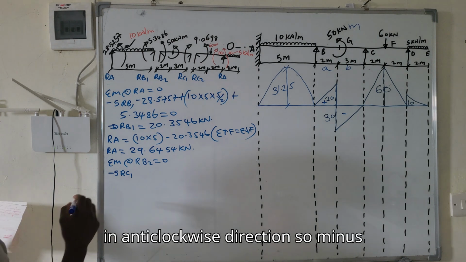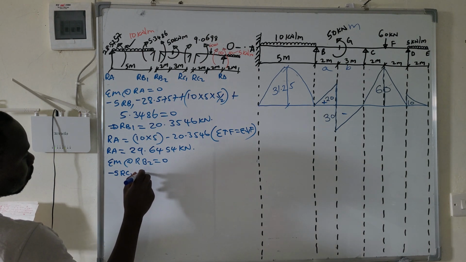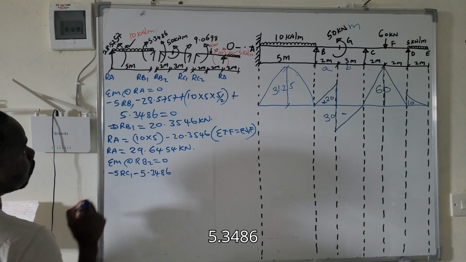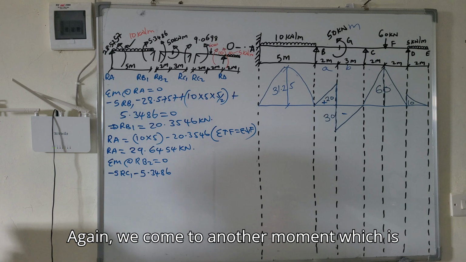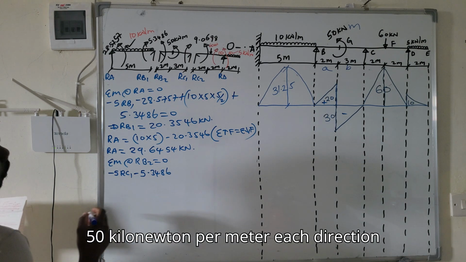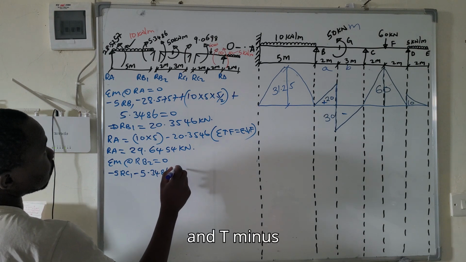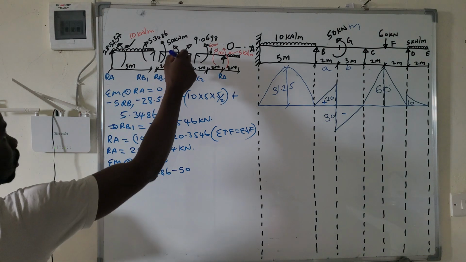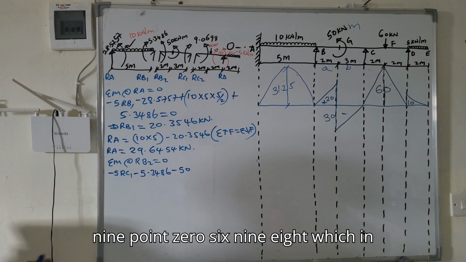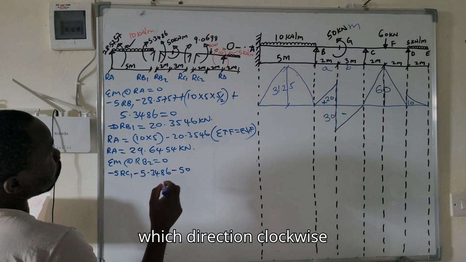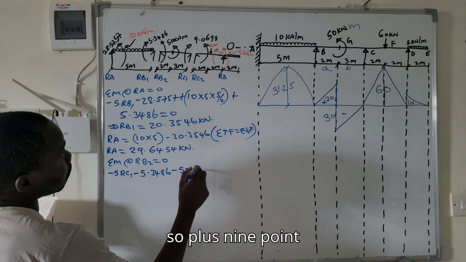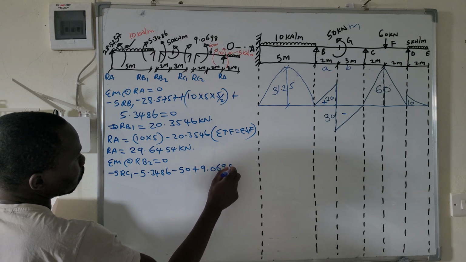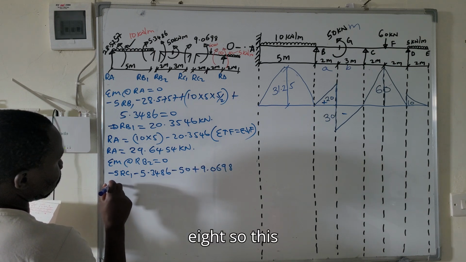It is moving in anticlockwise direction, so minus 5.3486. Again, we come to another moment, which is 50 kilonewton meter, anticlockwise, so minus 50. We come again to this moment, 9.0698, in which direction? Clockwise. So plus 9.0698.